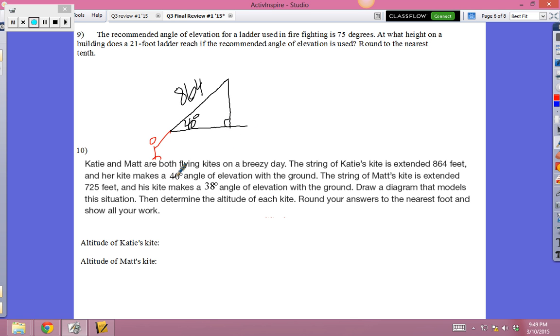And what does it want? Determine the altitude of each kite. So Matt's, his string goes out 725 feet, and his kite's 38 degrees.